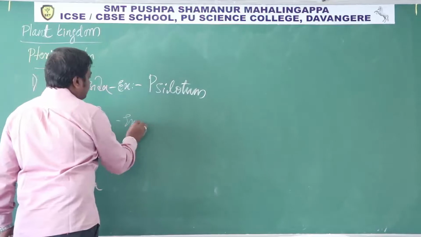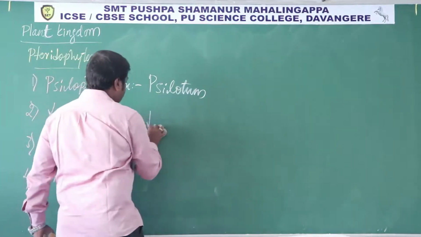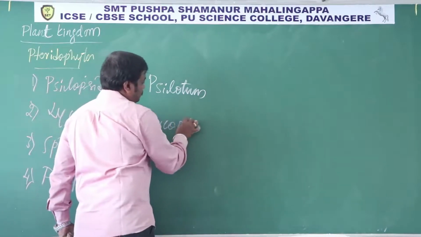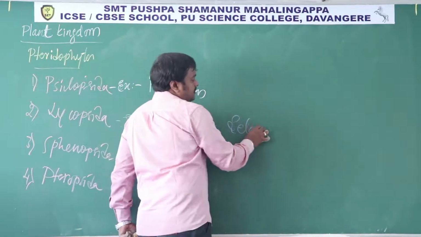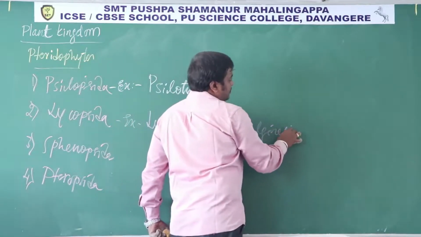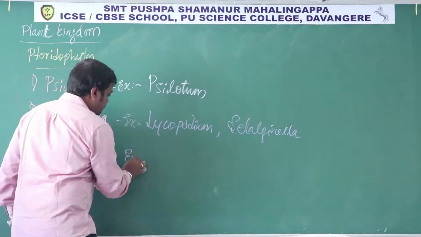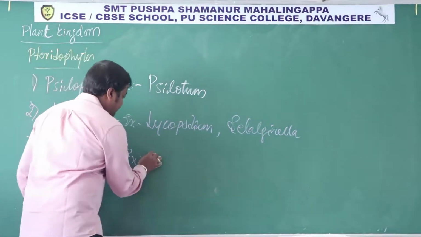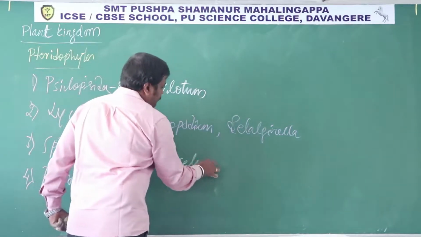Lycopsida examples are Lycopodium and Selaginella. Then Sphenopsida, example Equisetum.